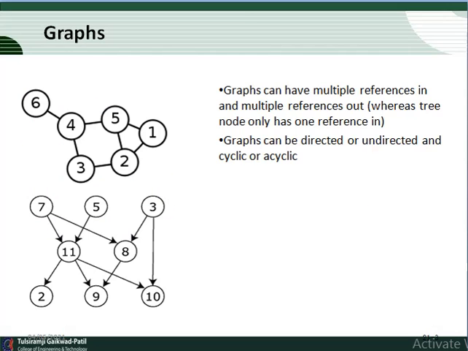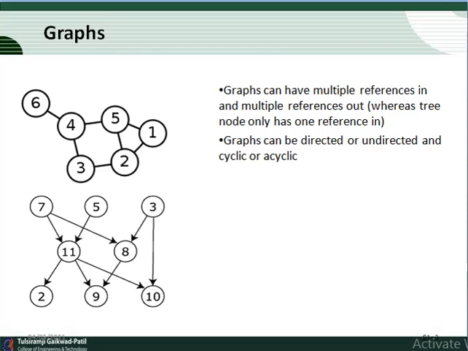The graph is a nonlinear data structure. A graph can have multiple references in and multiple references out, whereas tree nodes only have one reference in. Graphs can be directed or undirected, and may be cyclic or acyclic as well.